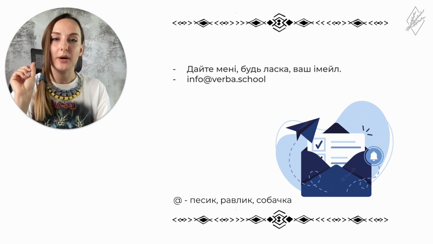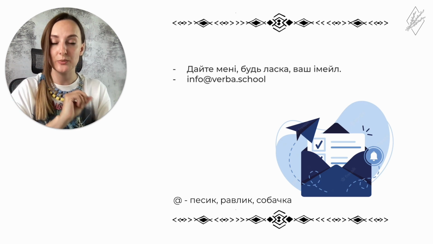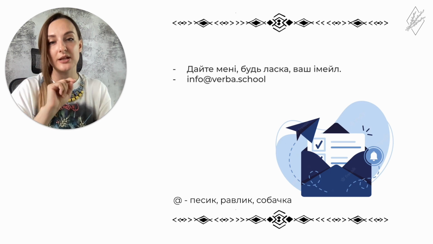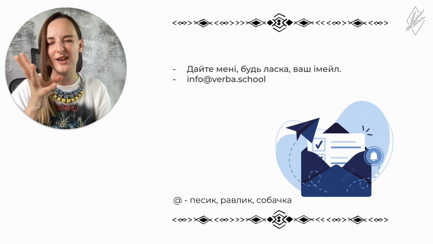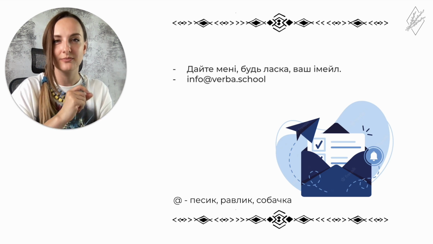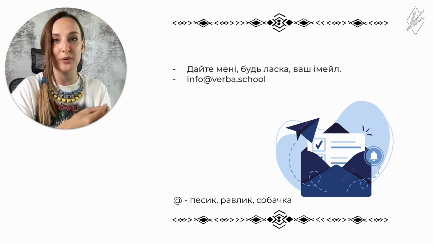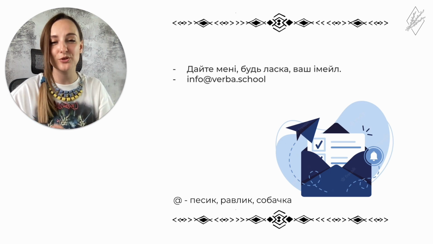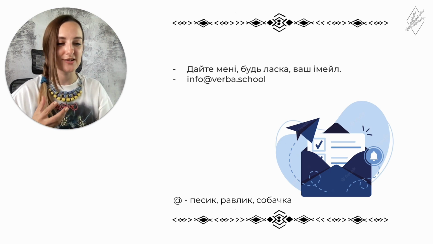But now about the signs, how we say them in Ukrainian. This sign at, in conversational Ukrainian, we have 3 ways to say it. Песик, равлик, or собачка. This is very interesting because песик and собачка means dog. Don't ask me why, I don't know. Равлик seems to me more logical because it's a snail.